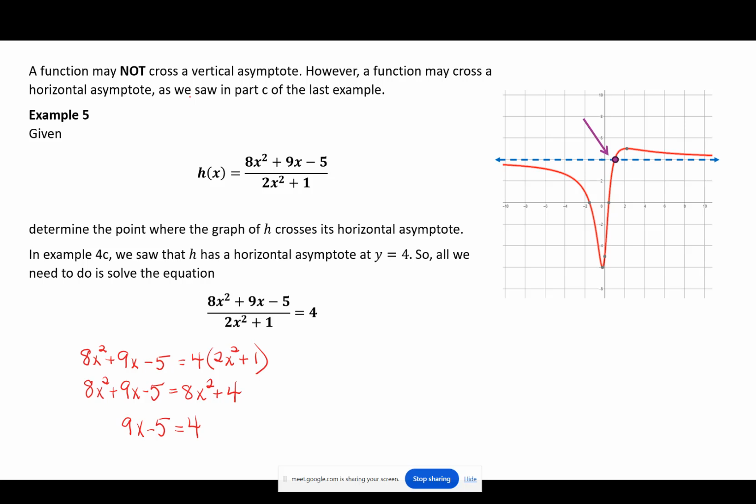So I just canceled the 8x squared, and we have 9x minus 5 equals 4, so add 5 to both sides, and you just get 9x equals 9, so x equals 1. So when x equals 1, this function equals 4. So at x equals 1, that's where it crosses. So (1, 4) is on this graph, and that's where that function crosses the horizontal asymptote. So that's all you have to do to figure out if it actually touches it or crosses it.